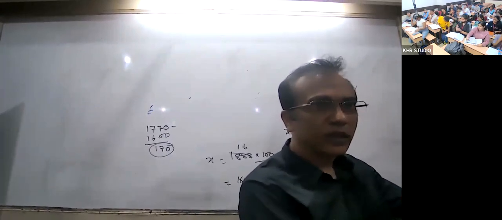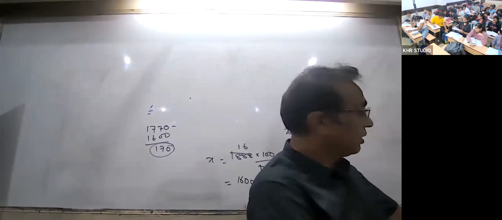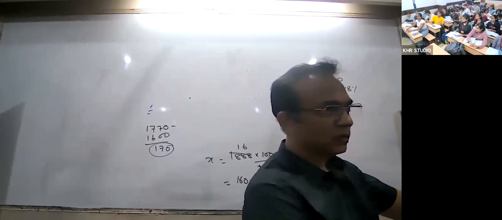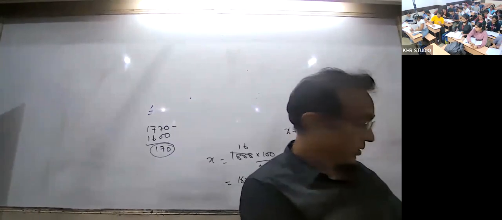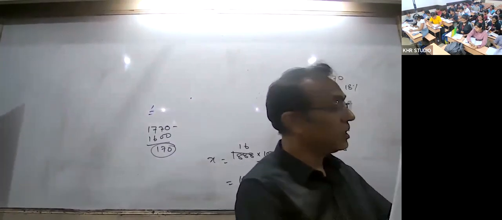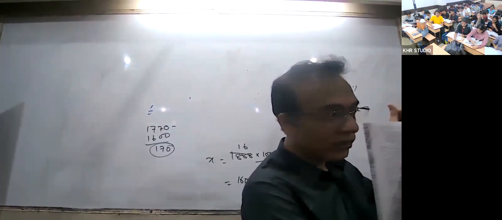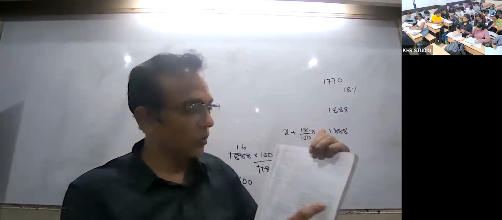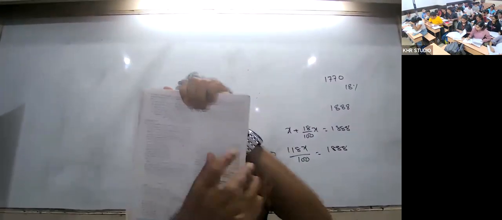We did it. You did this as well as the third one. Then try 6. What question number is it in your book? 6 only? Okay, let's try 6. Everybody, we are doing question 6.